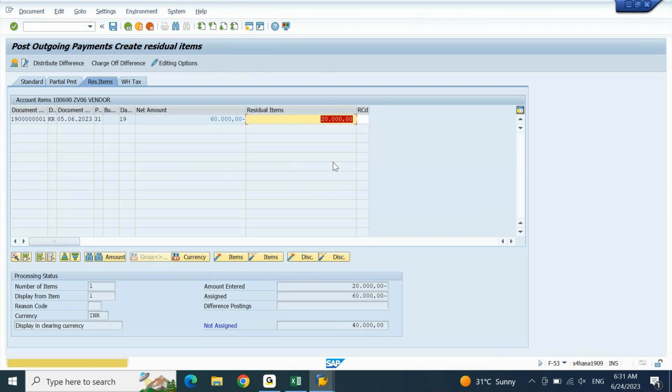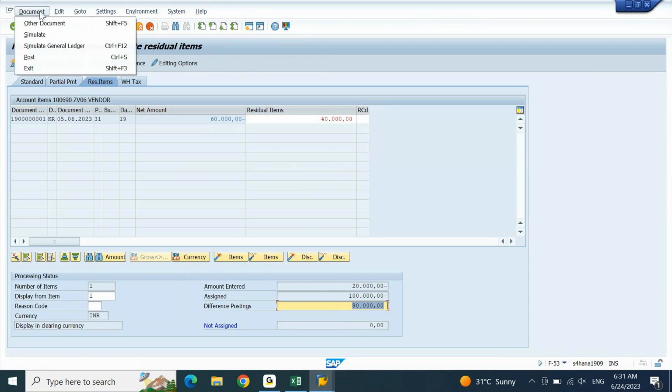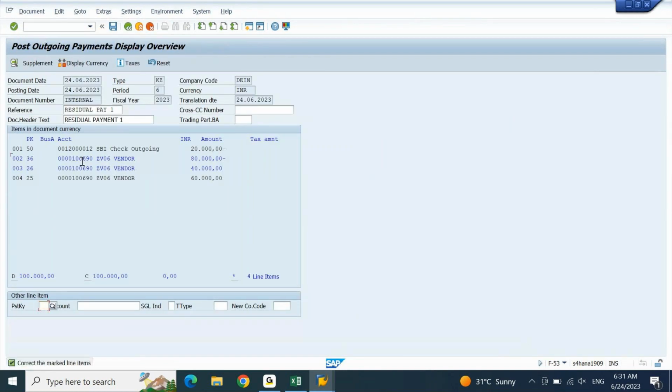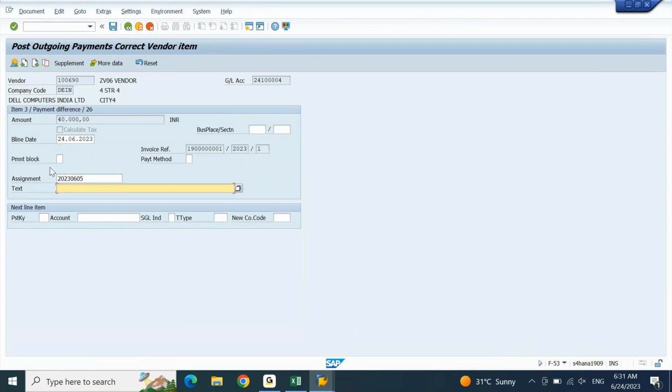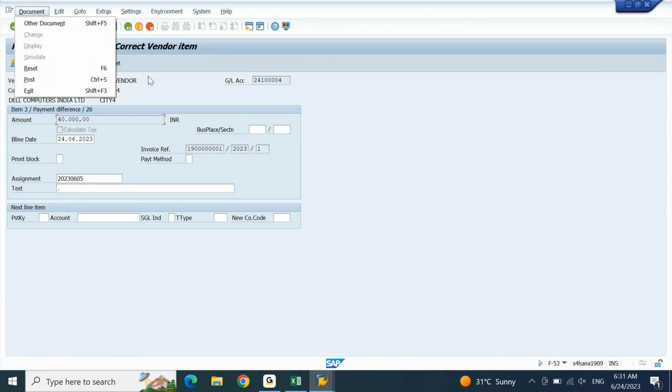In fact, I put 40,000 there. Let me put 40,000. Ignore the messages. Post differences. Let us simulate this, and I'll put this. Let me simulate general ledger. Go back.